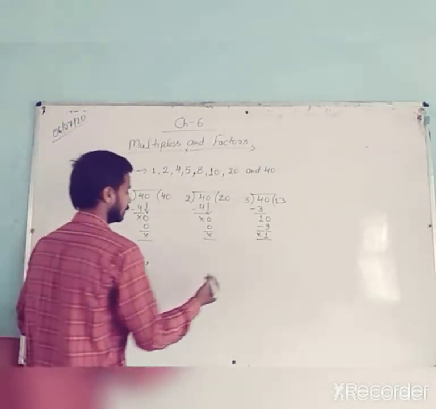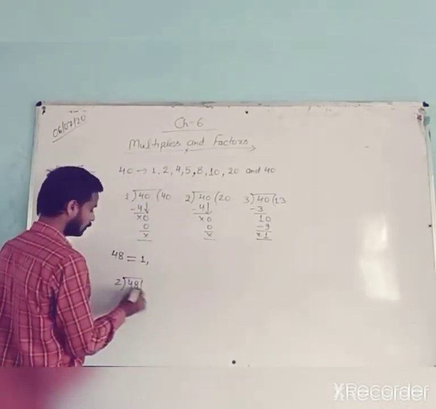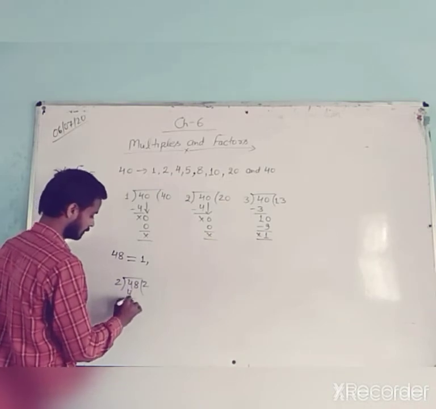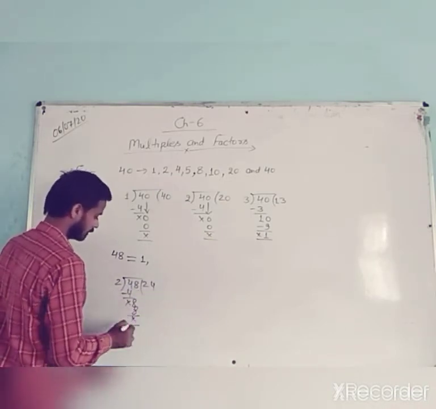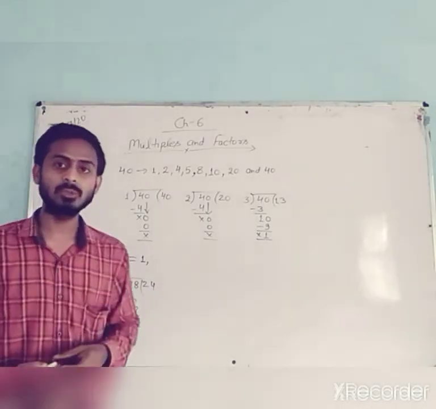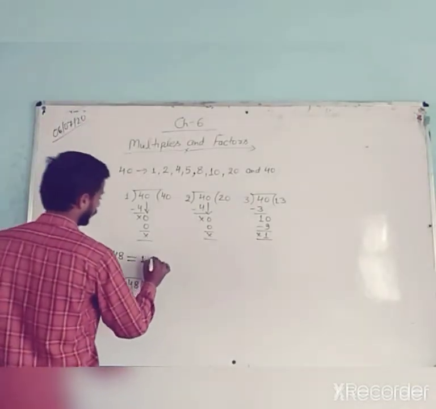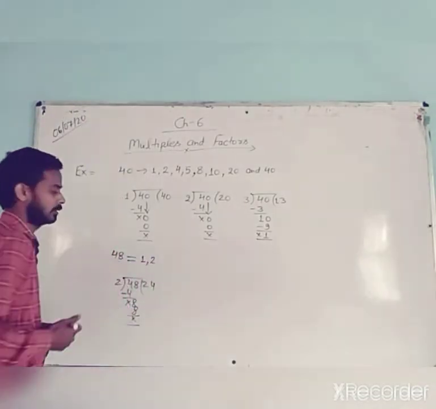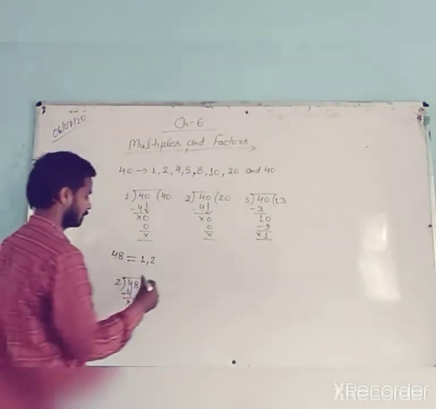When you divide by 2, 2 2s are 4, 2 4s are 8. So 48 is divided by 2 completely. That is why 2 is a factor of 48. Is it clear? Now divide by 3.